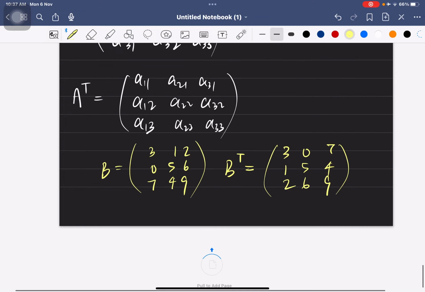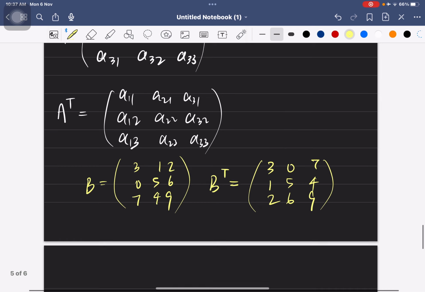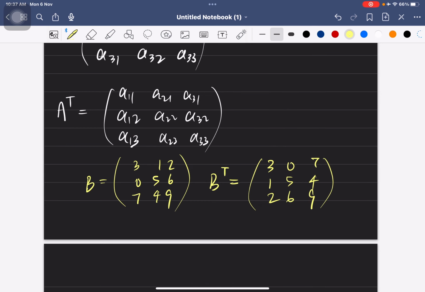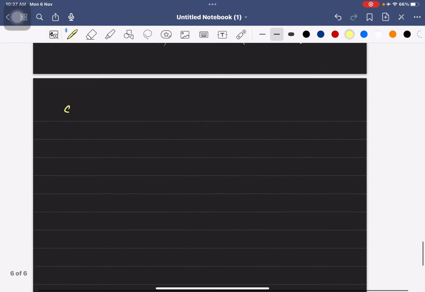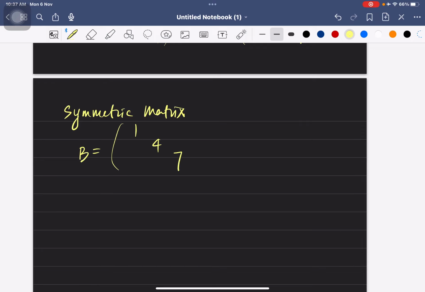Will there be a case where, if you write out the transpose, it still looks exactly the same as before? This is what we call a symmetric matrix. If a matrix is symmetric, your transpose will look exactly like it did before. For example, if B is 1, 4, 7, and let's say it is symmetric about the leading diagonal, then if here is 5, here must be 5.